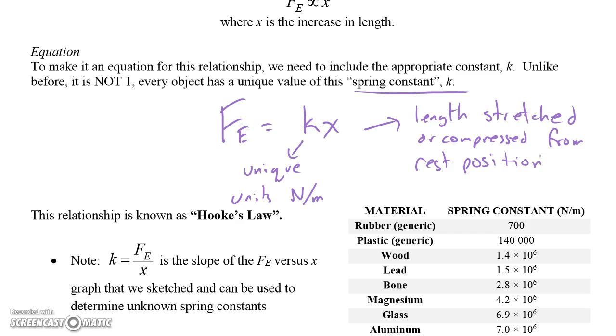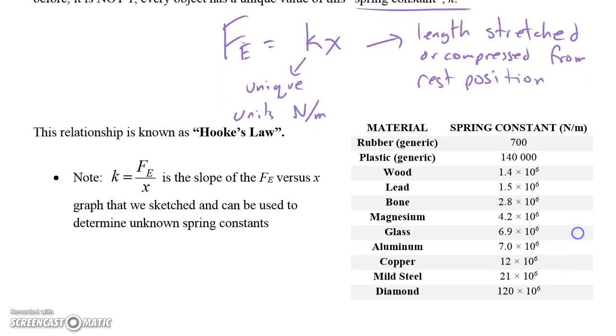elastic force. We can see some spring constants here for certain materials, and things that we can stretch easily, such as rubber. You see that it's down there at 700 newtons per meter, so it takes 700 newtons to stretch a piece of rubber 1 meter. That's the idea of that spring constant there.